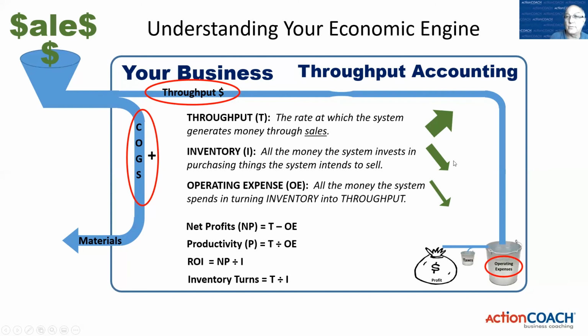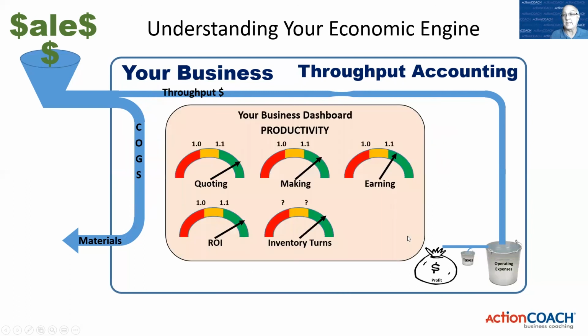Then focus on inventory reductions, and then focus on operating expense reduction. Doing this will drive your net profits up, your productivity up, your return on investment up, and your inventory turns up. And of course, make more money.